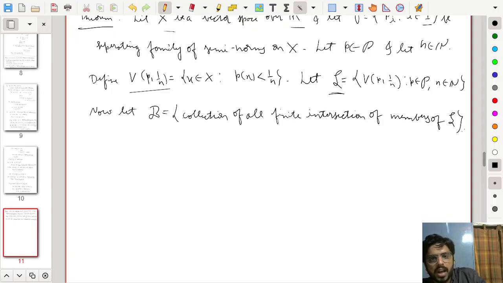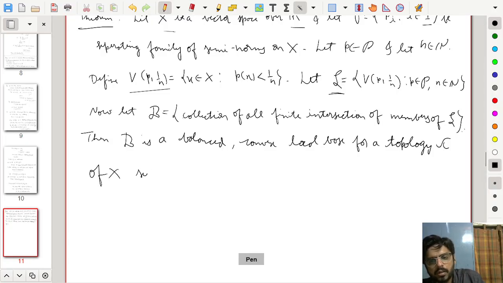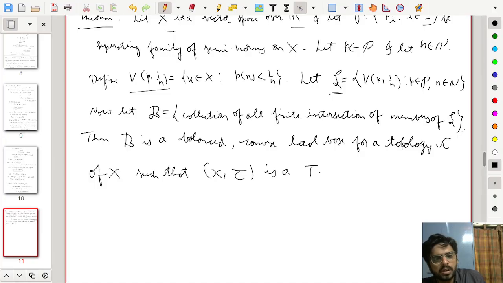Then, so this was the hypothesis of the statement. Then B is a balanced convex local base for a topology tau on X such that X with this topology tau is a topological vector space.